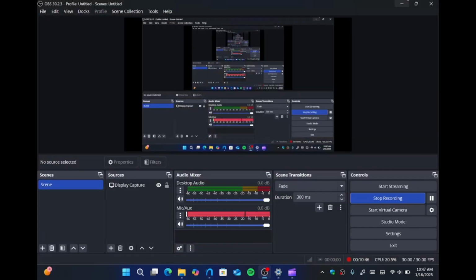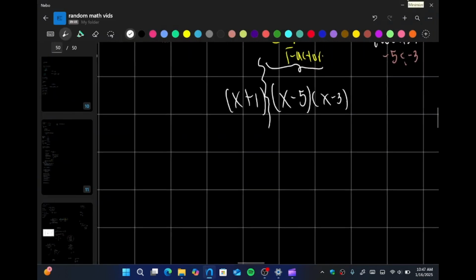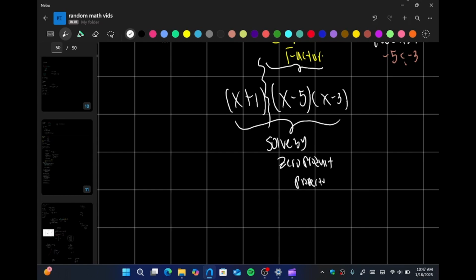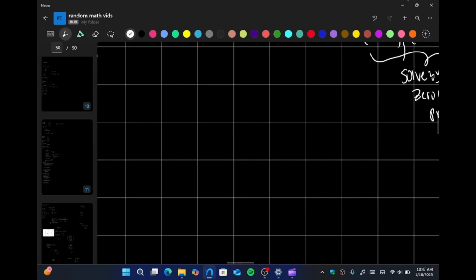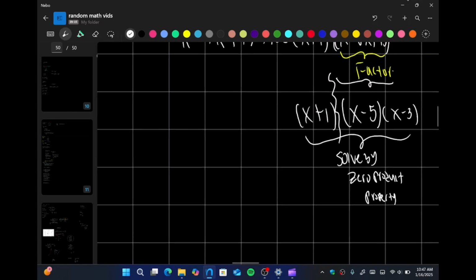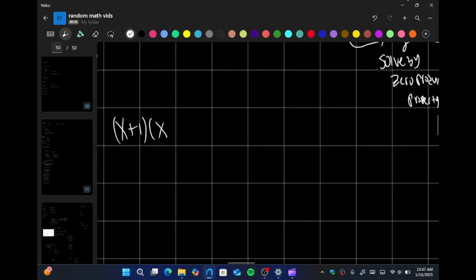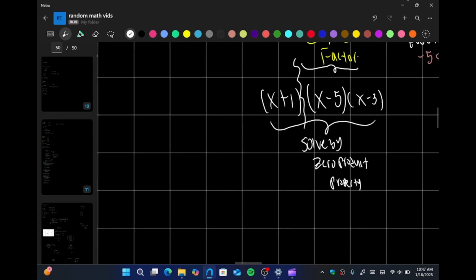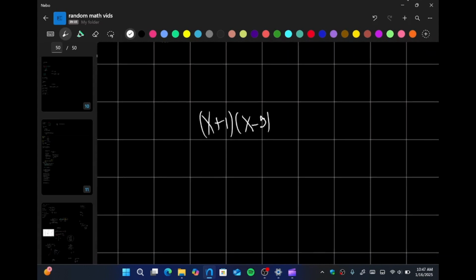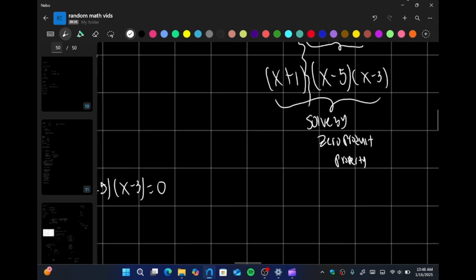So now all you need to do is solve by the zero product property. So we're going to put x plus 1 times x minus 5 times x minus 3 is equal to 0.